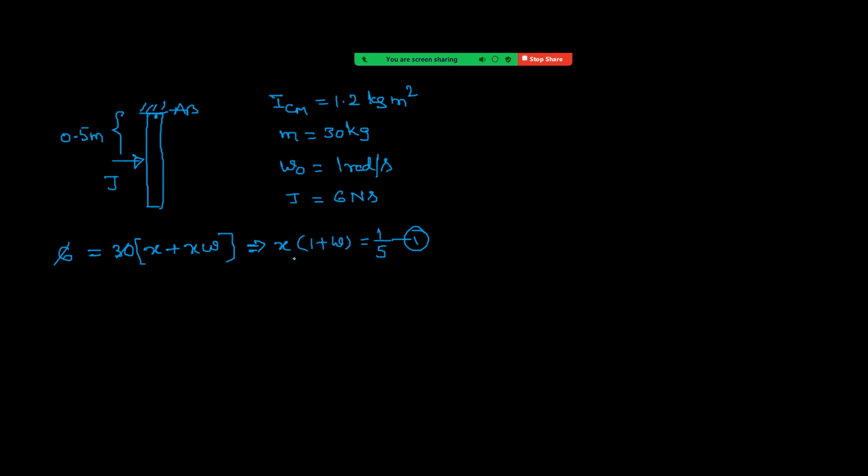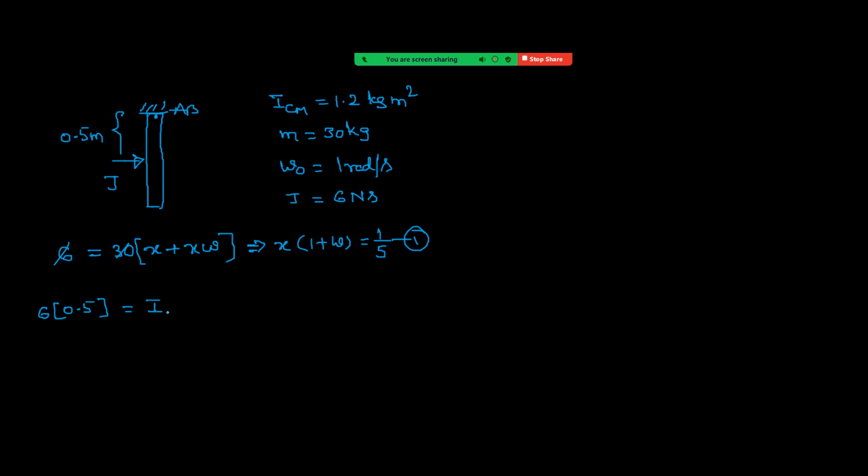See the next equation, what we can write here. It is angular impulse about this axis: J into 0.5, with J value 6, acting at a distance 0.5. Angular impulse equals I into omega, and we take I about AB, because rotation is about this axis.